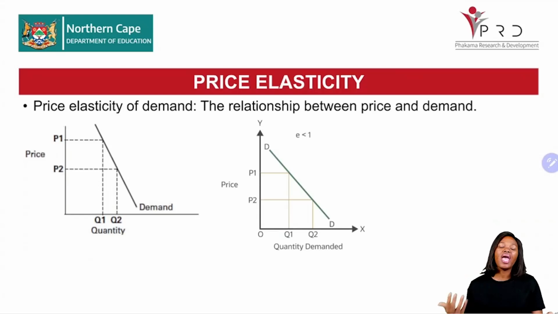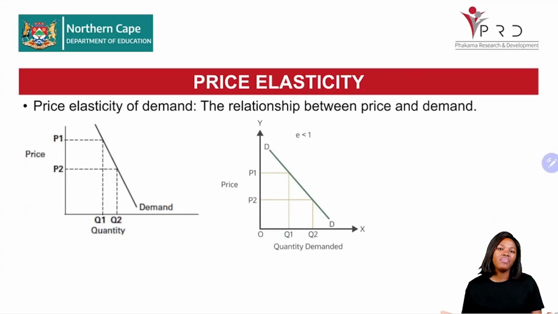And you should be able to calculate these for the final examination. Price elasticity equals the percentage change in demand divided by the percentage change in price. When the answer is greater than 1, there is price elasticity of demand. When the answer is less than 1, there is price inelasticity of demand.